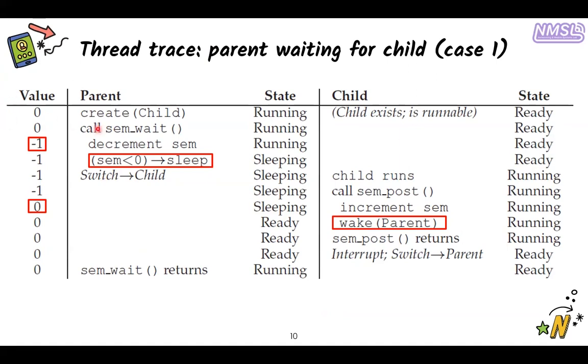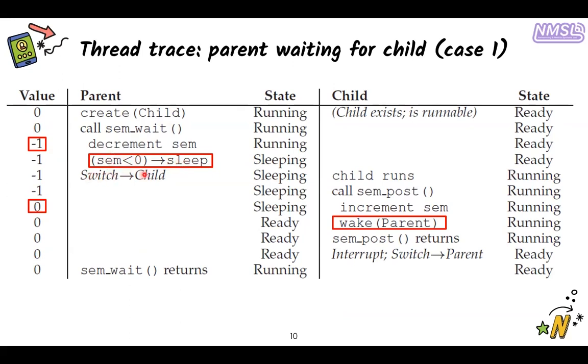Case 1, where the parent creates a child and keeps getting executed. So you first call sem wait. Because the initial value is 0, with sem wait you decrement the semaphore. So now it's -1. As the value is less than 0, the parent will go to sleep.